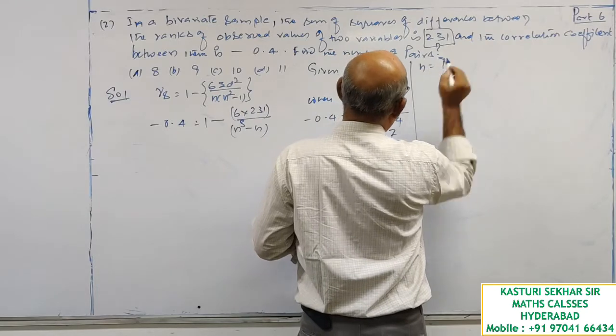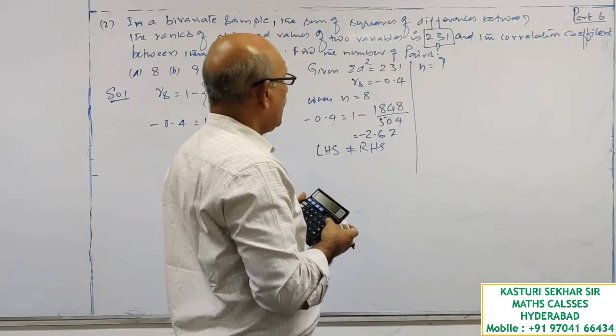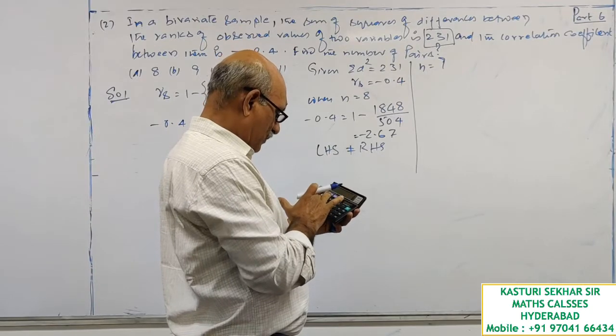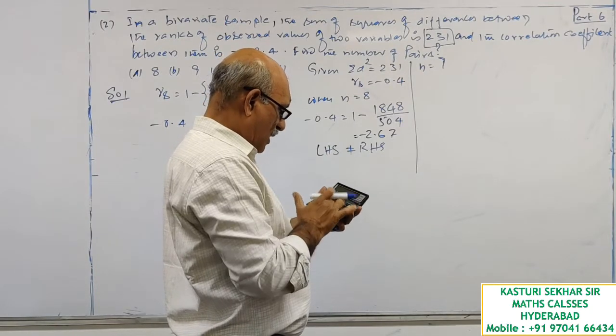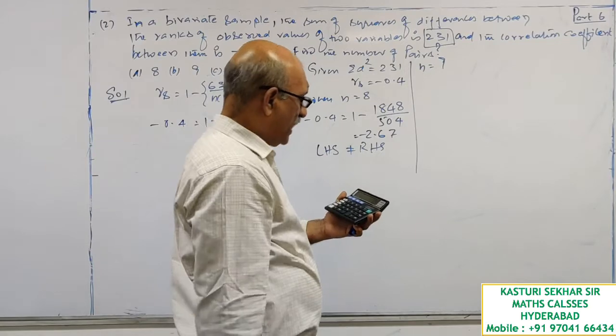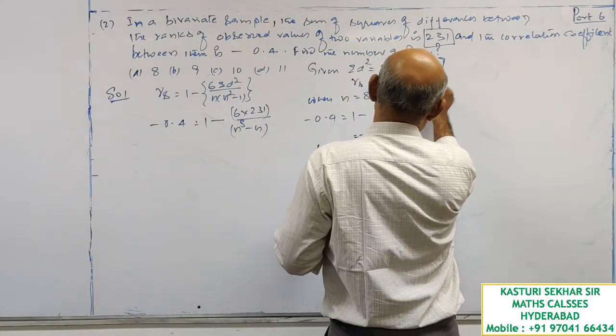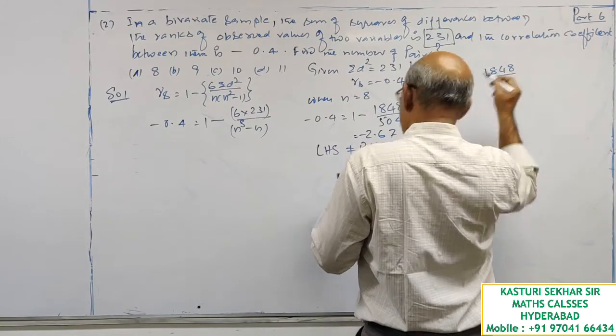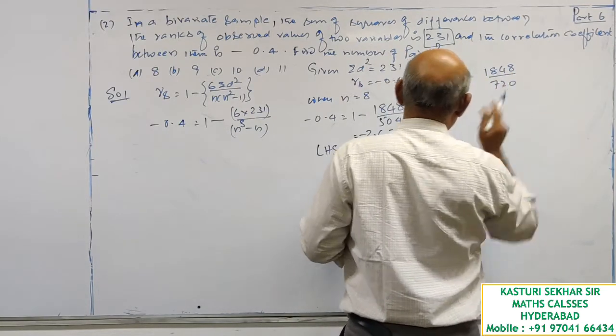Let us take n is equal to 9. Numerator is same, denominator is 720. Minus 0.4 is equal to 1 minus 1848 divided by 720.